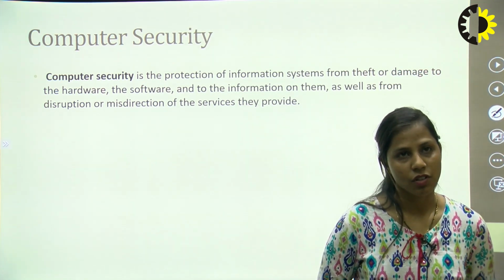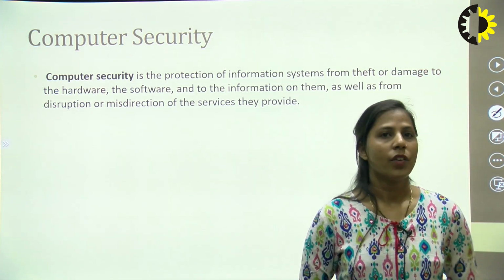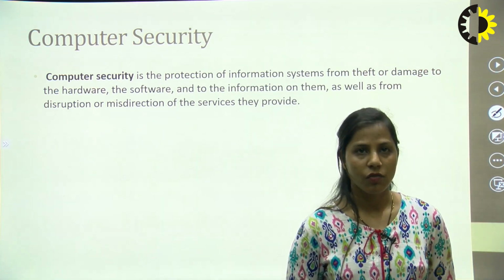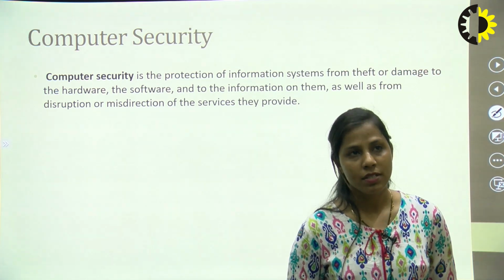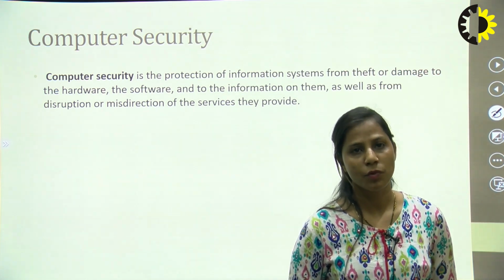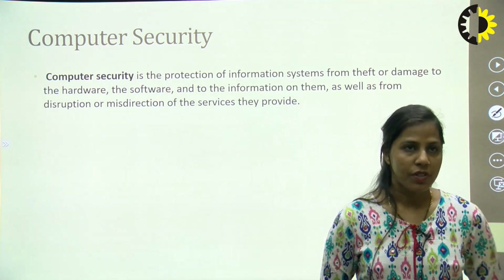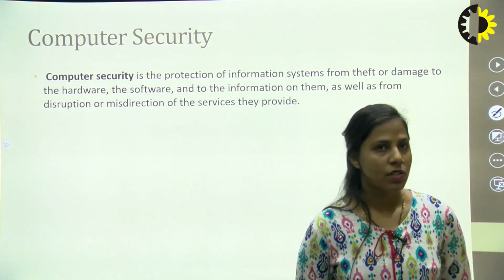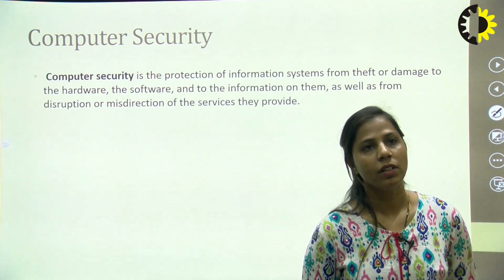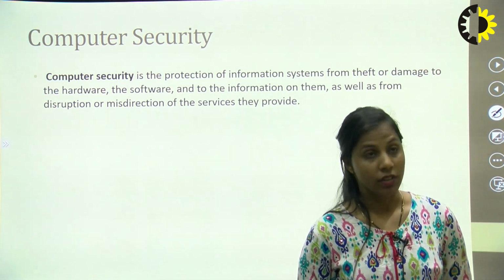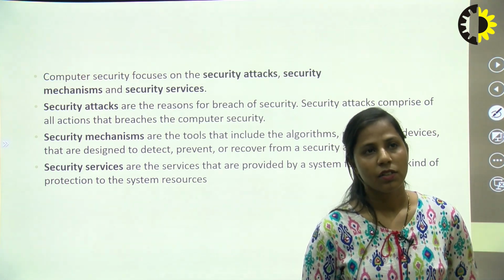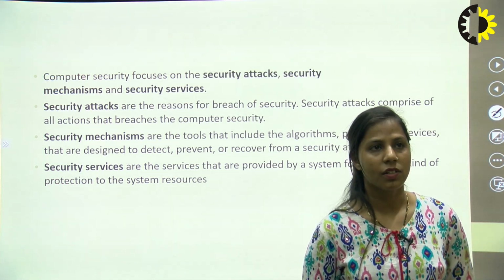It is the protection of information systems from theft of or damage to the hardware, software, or the information, which would disrupt the services we provide. Computer system security protects information that can be damaged or attacked by an unauthorized person. It focuses on the various security attacks, mechanisms, and security services.